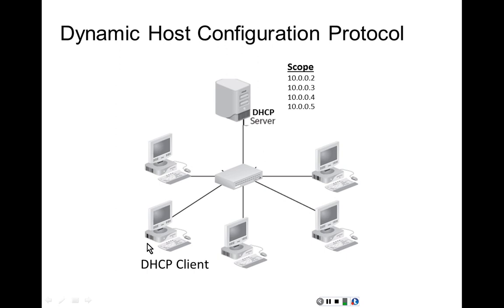You don't walk around to each workstation to assign it an IP address. What you do is you install a DHCP server that has a group of IP addresses. And when a computer powers up, it sends a request to the DHCP server that says, give me an IP address, and the DHCP server issues an IP address to the workstation.